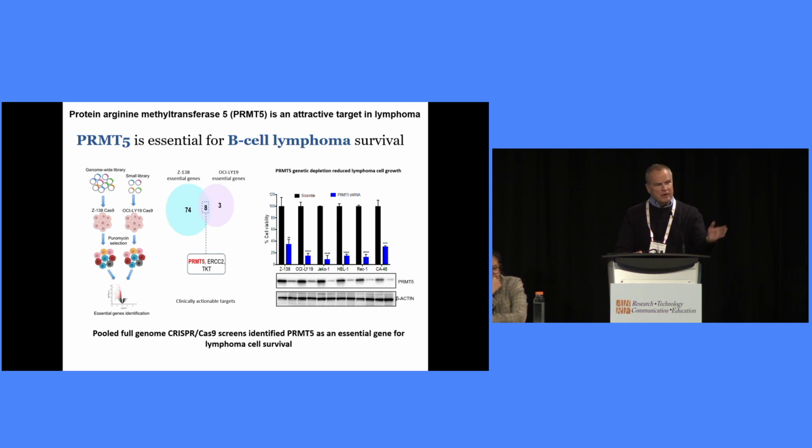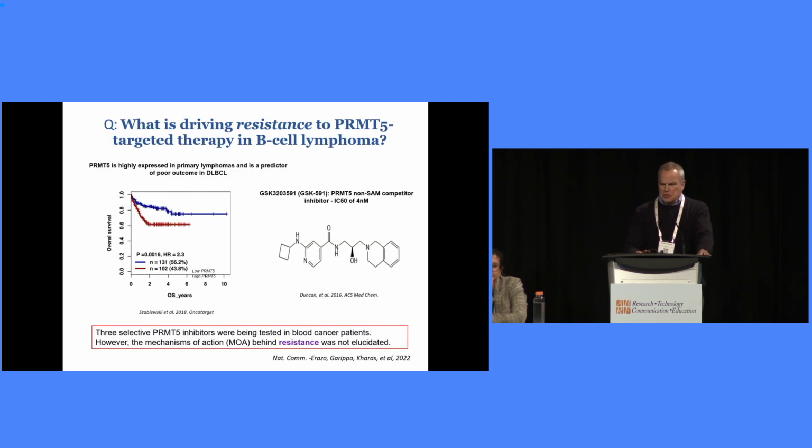And when we carried that out into other cell lines from B-cell lymphoma, we saw that it was absolutely essential. So now we know PRMT5 is a drug target. Drugs were developed, and those are coming up next. You see one of them here on the right side. This is a GSK compound, 591. But really, 3 different selective inhibitors went into the clinic at the same time for blood cancer patients.